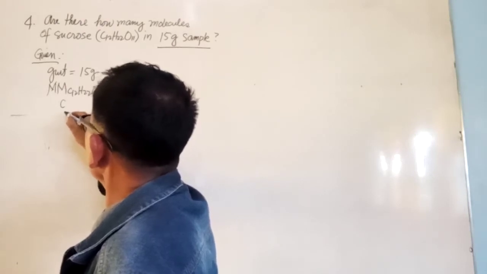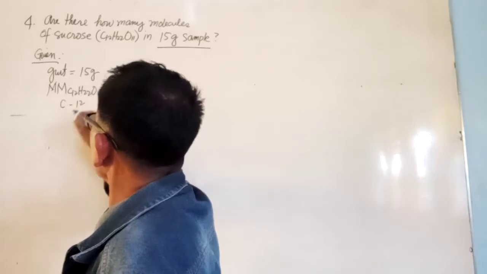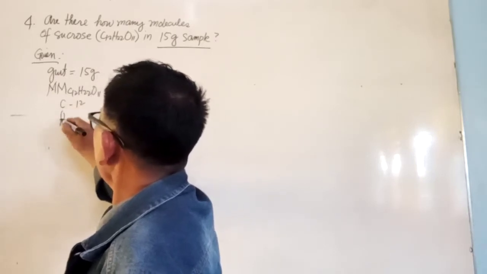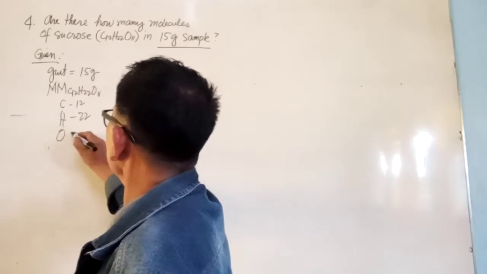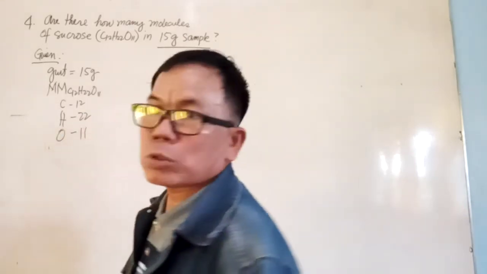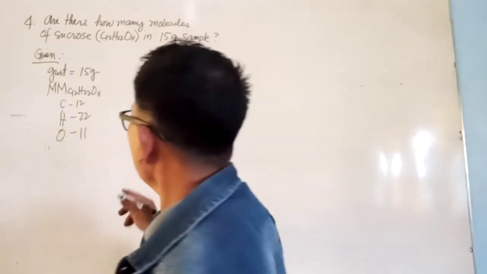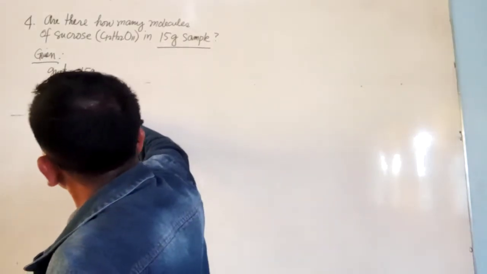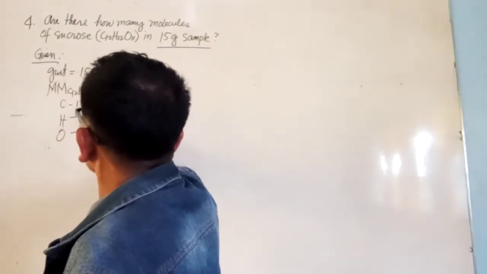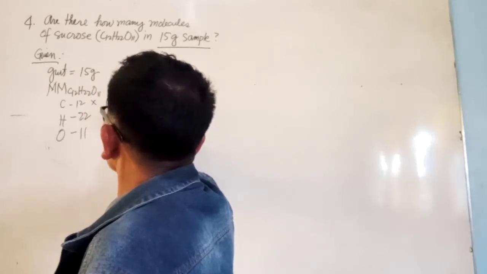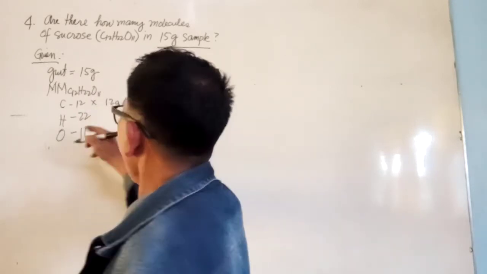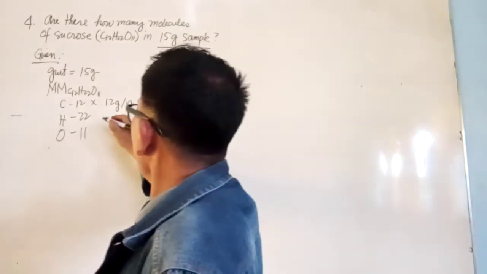You have carbon, 12 atoms, then hydrogen, 22 atoms, and oxygen, 11 atoms. With that, we multiply them by their respective atomic weights. For carbon, you have 12 grams per mole, while hydrogen, you have 1 gram per mole.